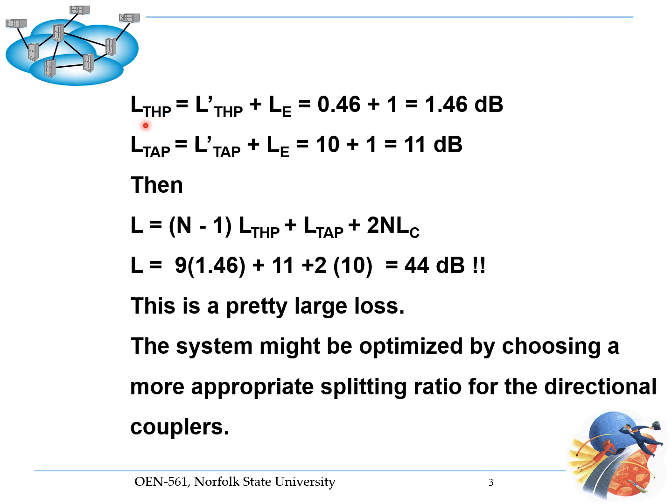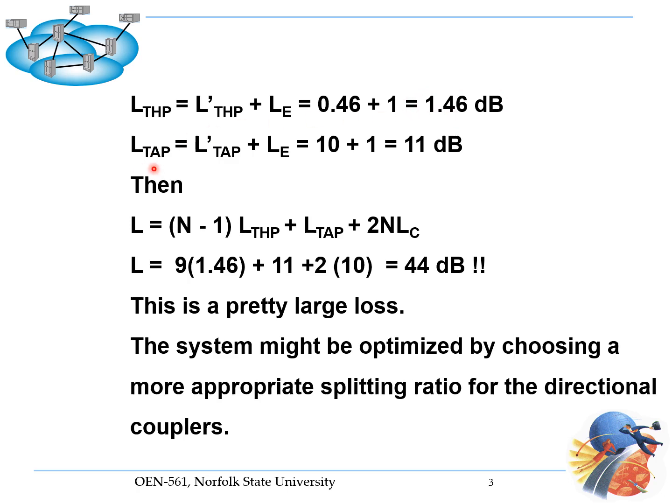So the real throughput coupler loss will be the ideal loss plus the excess loss. Since excess loss is 1 dB, we have 0.46 plus 1 equals 1.46 dB. This is the new throughput loss for real coupler.